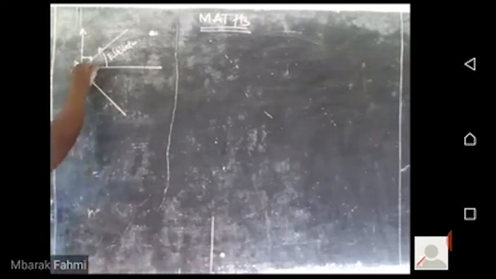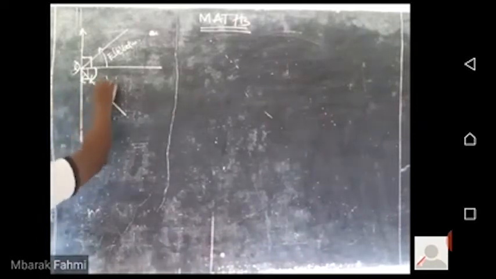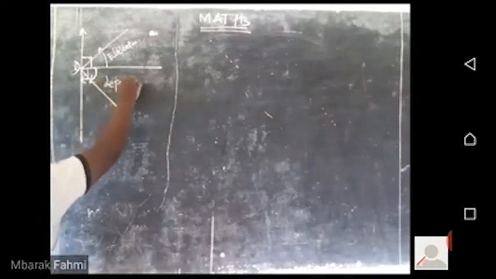And the maximum it can go is to just standing, so a total of 90 degrees. That is the angle of depression. So we have the angle of elevation and the angle of depression.